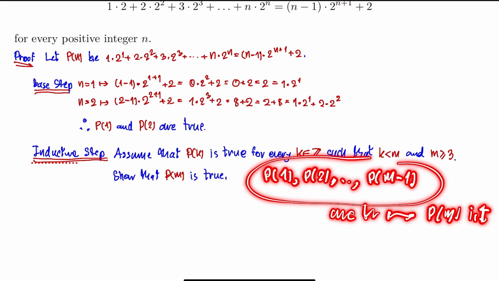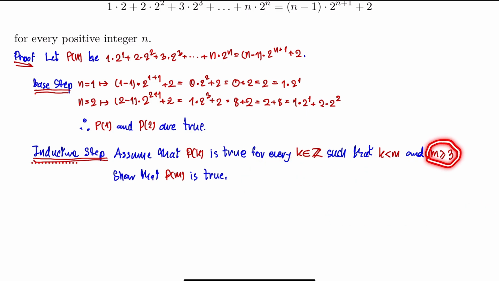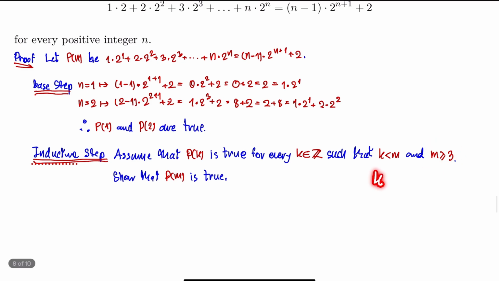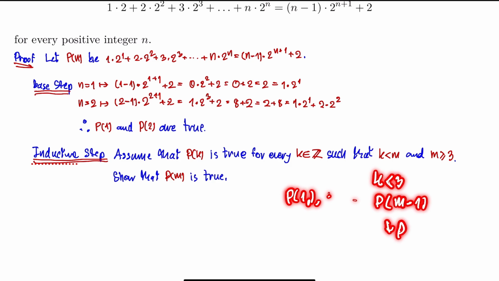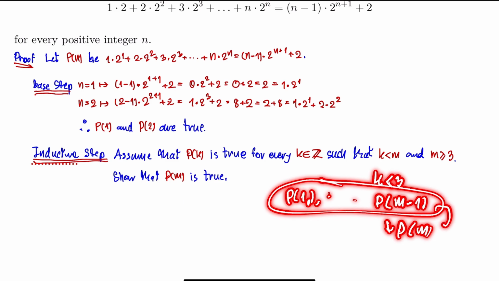In this case, I let m be greater than or equal to 3. When m is greater than or equal to 3, k can be less than 3, less than 4, 5, 6, and we try to show that if P of 1, P of 2 all the way to P of m minus 1 are true, then P of m is true.